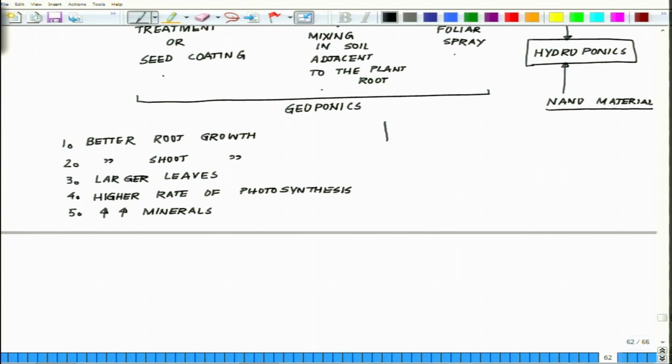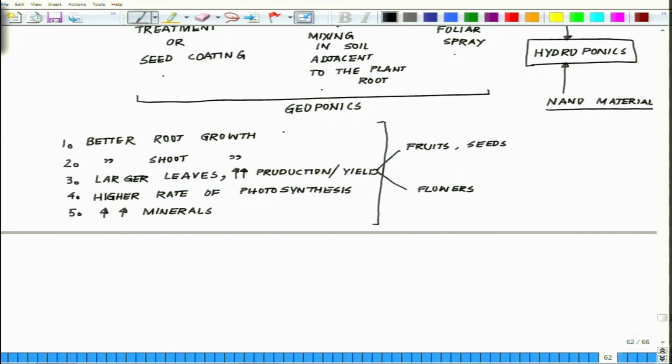Now, if we look at these parameters, oh yes, apart from it, what we are observing, larger leaves, then higher production or yield in terms of fruits, seeds, as we have observed, as well as in terms of flowers.